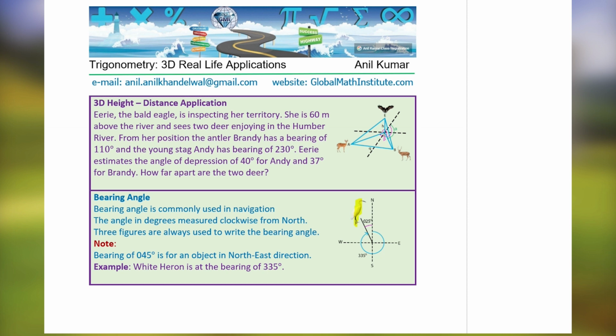It is at the bearing of 335 degrees. As you can see, the bearing angle basically is measured from north, right? So that is the north for us, measured from north clockwise as we have shown here. So this angle from north is 335 degrees. You get the idea. So that is how we see the bearing angles. Perfect. So I think you have understood what bearing angle is.